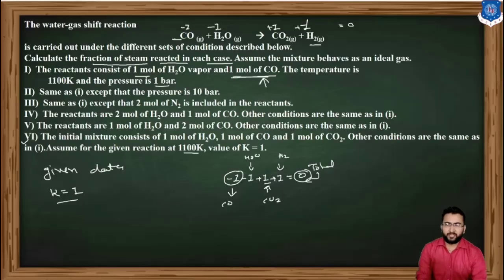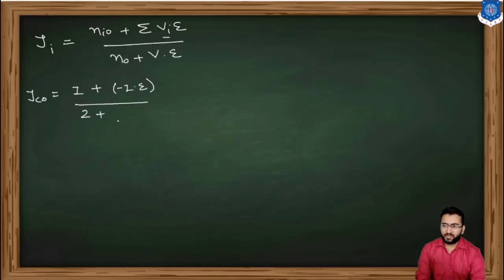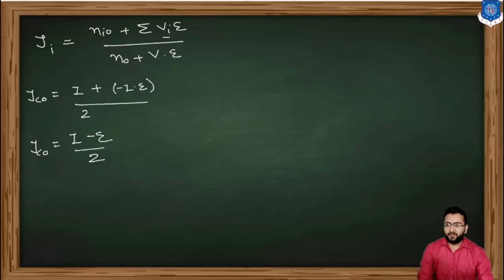Okay. So 0 multiplied with anything becomes 0. So this equation becomes y of CO is equal to 1 minus epsilon upon 2. Similarly, we can find this equation for all the terms.